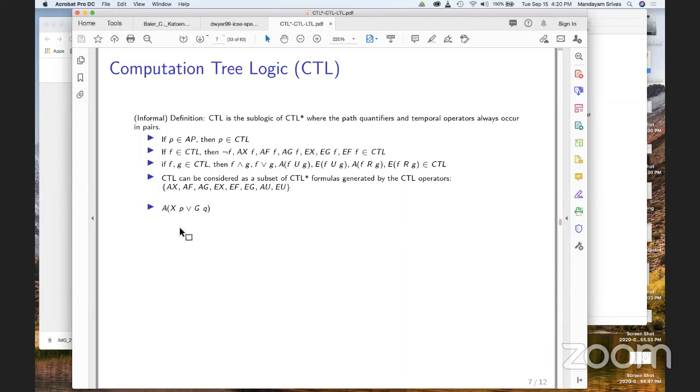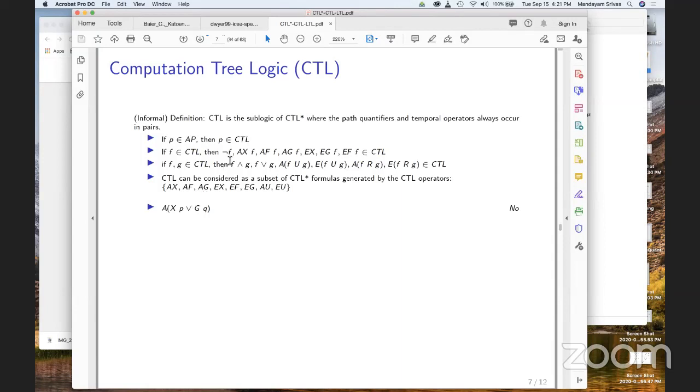It is not, because XP is a path formula, GQ is a path formula, and CTL doesn't allow you to do any operations on path formulas, not even logical operators like this.